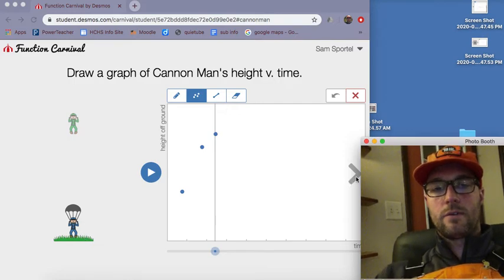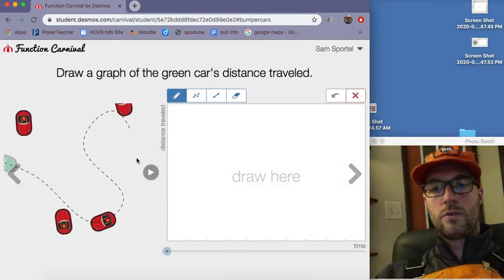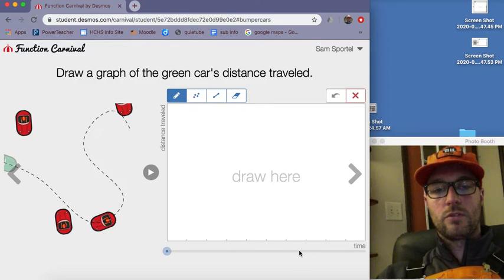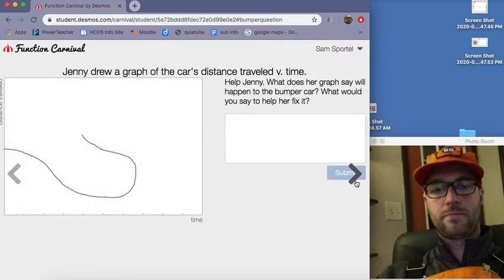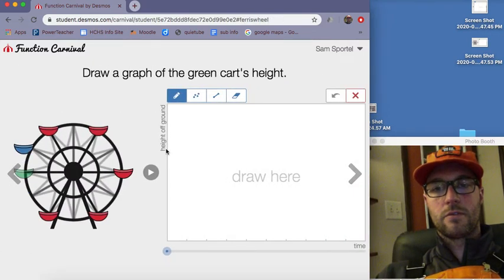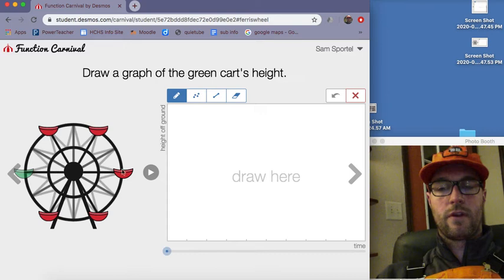Then the next one is distance traveled. Okay? So it's not saying height up or anything like that. It just says distance traveled. So as it travels, how does the distance traveled compare to time? And then the third one is the same as the first: height off the ground of this green little seat on this Ferris wheel.